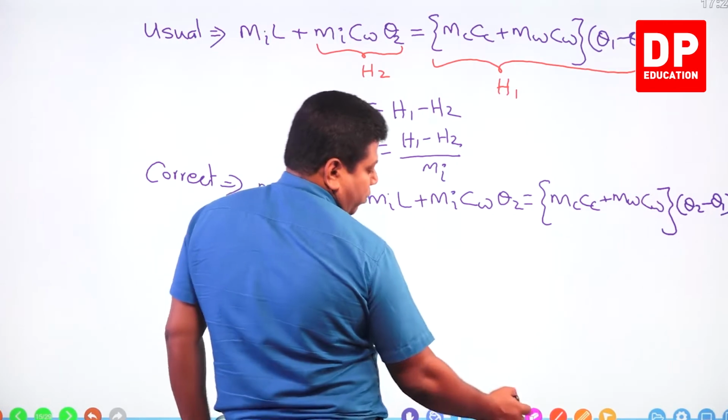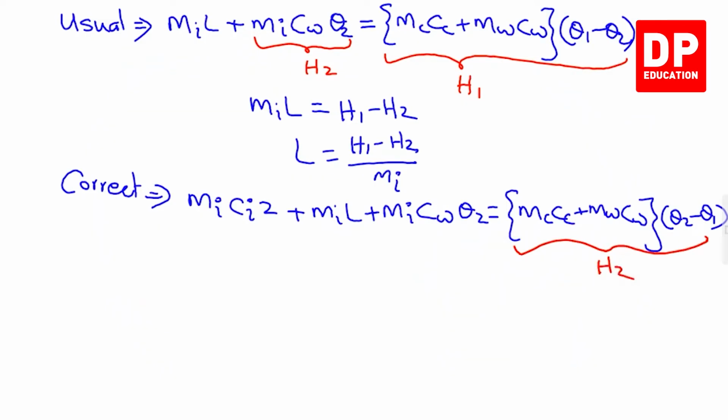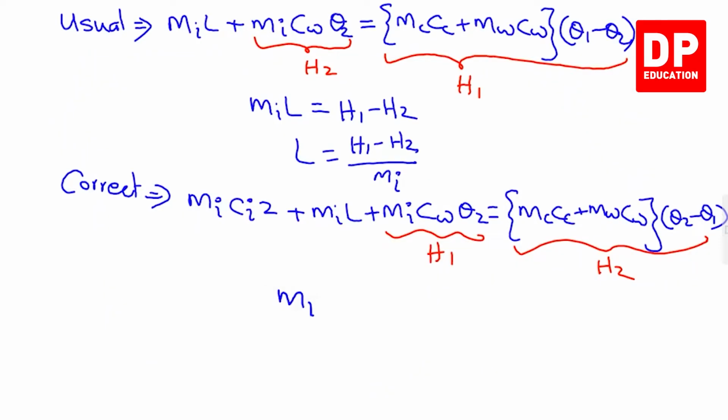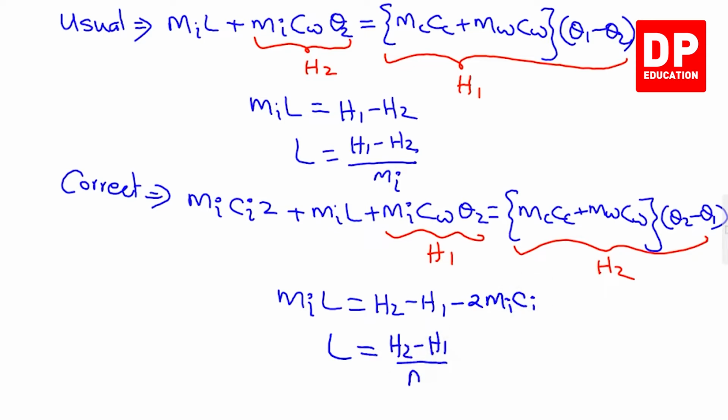So this is our H2, this is our H1, and this is the new thing. So M_i L equals H1 minus H2 minus 2 M_i C_i, and L will be H1 minus H2 over M_i minus 2 C_i.